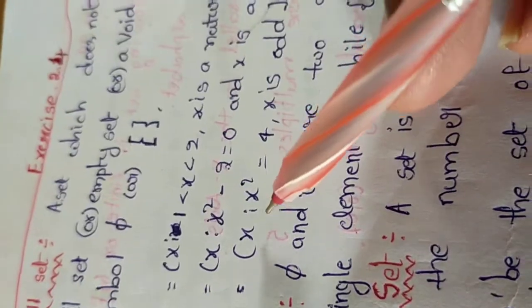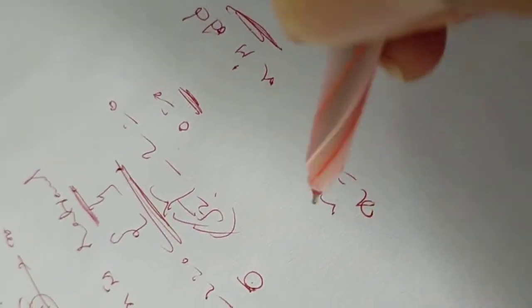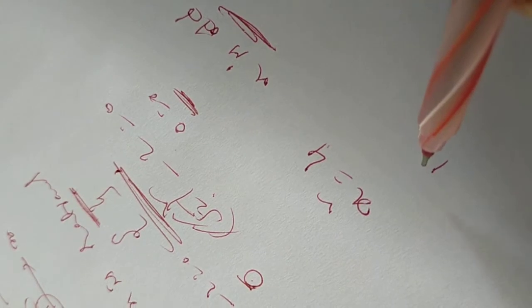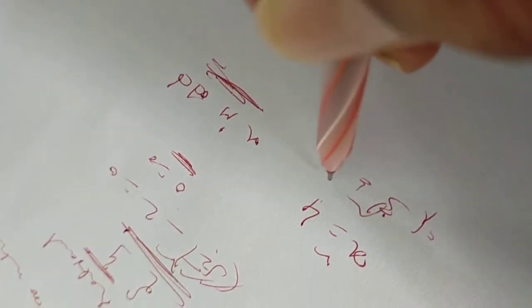Third example: x such that x square equal to 4, where x is odd. Only odd numbers are allowed: 1 square is not 4, 3 square is not 4, and 2 is not allowed. There are no satisfying values, so it is an empty set.